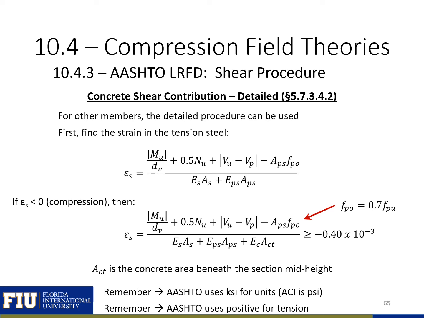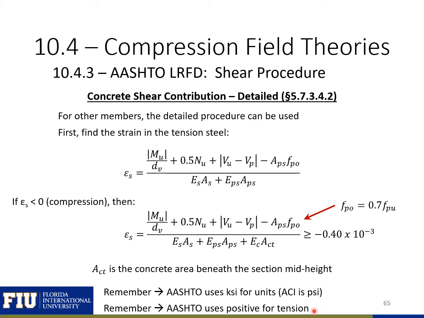So with the detailed approach, the first thing that we need to do is find the strain at the centroid of our tension steel. So this strain will be affected by our moment, our axial loads, our shear in the section, and any pre-stressing that's happened. And it'll be resisted by the stiffness and area of our steel and the stiffness and area of our pre-stressing.